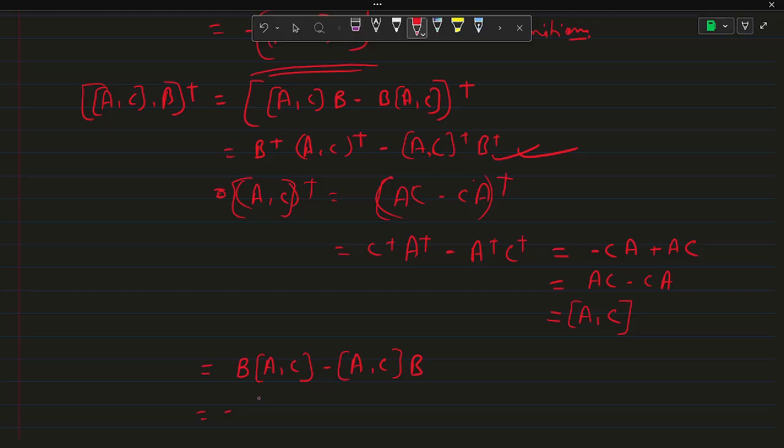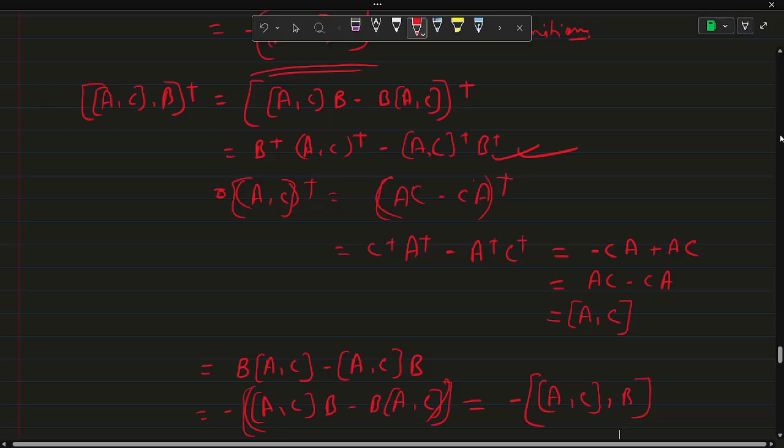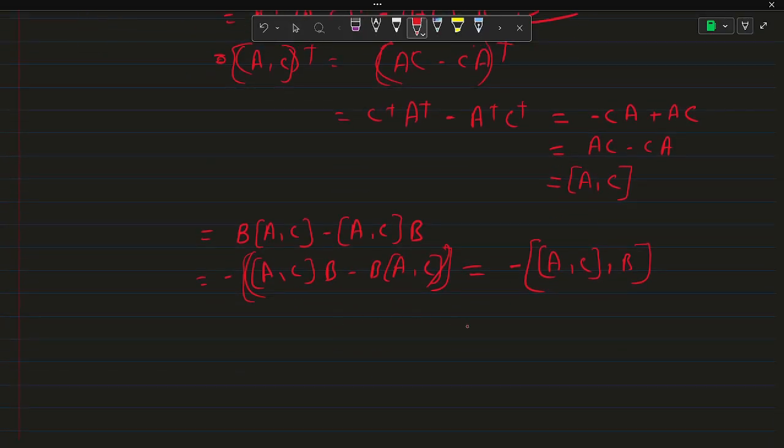So taking minus outside, it will give A C B minus B A C. Sorry, so this is minus A C B. So this is also anti-Hermitian.